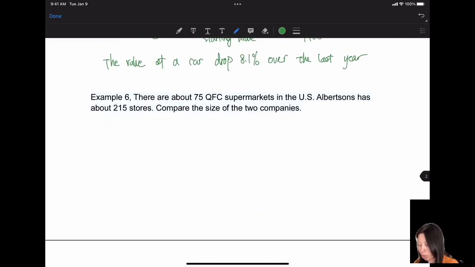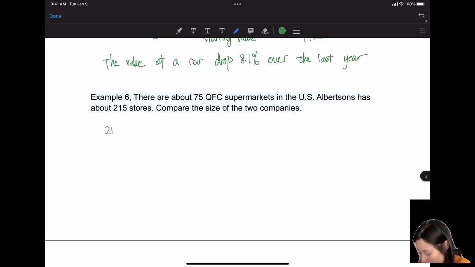Okay, next example. There are about 75 QFC supermarkets in the US. Albertsons has about 215 stores. Compare the size of these two companies. Okay, how to do this? First of all, when we're trying to make a comparison, we must ask whether it's an absolute or relative comparison. So the absolute difference should be what?